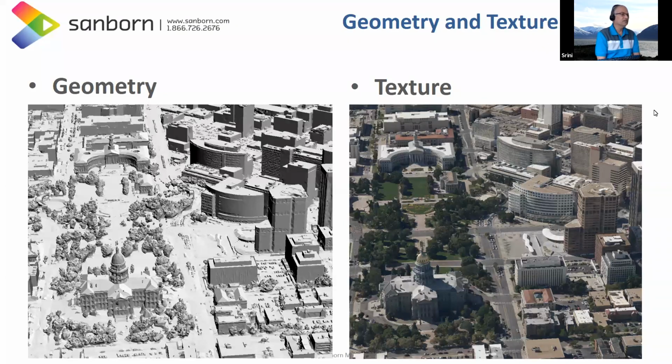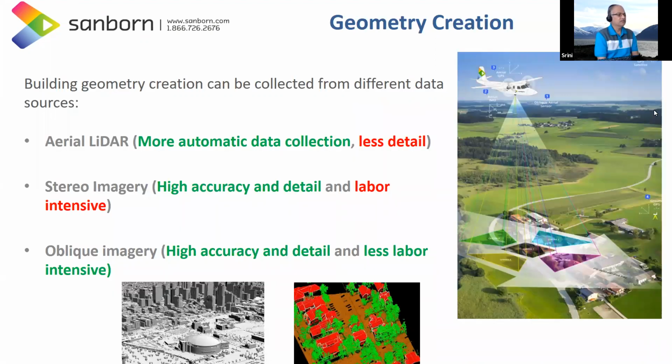As far as imagery is concerned, it can be either vertical imagery or oblique imagery. So the geospatial data can come in any form. It can be LiDAR, imagery, or a combination of both. But what we do in the processing is we address both the geometry and texture separately. As I said, the geometry is primarily the shape, and the texture is primarily the visual perception.